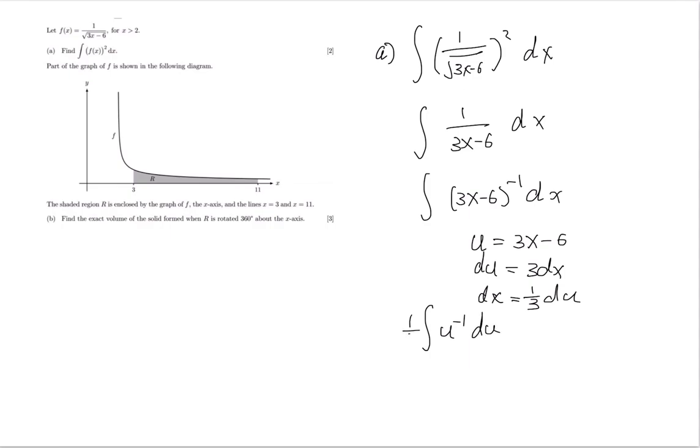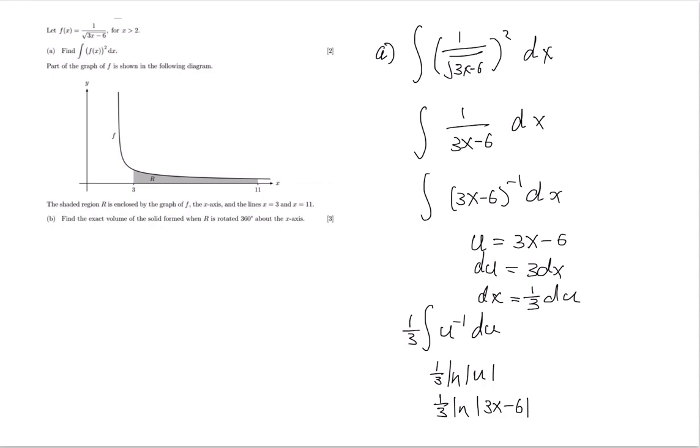1 over 3 integral of u to the power of negative 1 du, and we know that this would just equal ln absolute value of u plus C. So we can just add that multiplied by the 1 over 3 again and substitute 3x minus 6 back to get 1 over 3 ln absolute value of 3x minus 6.